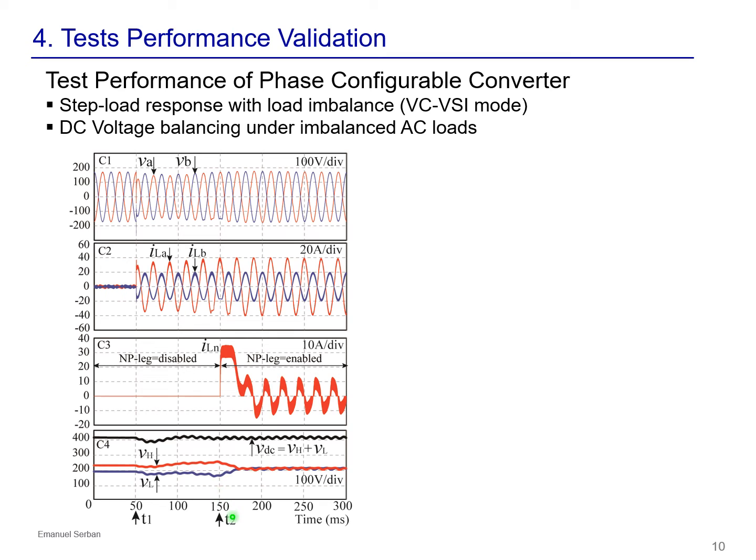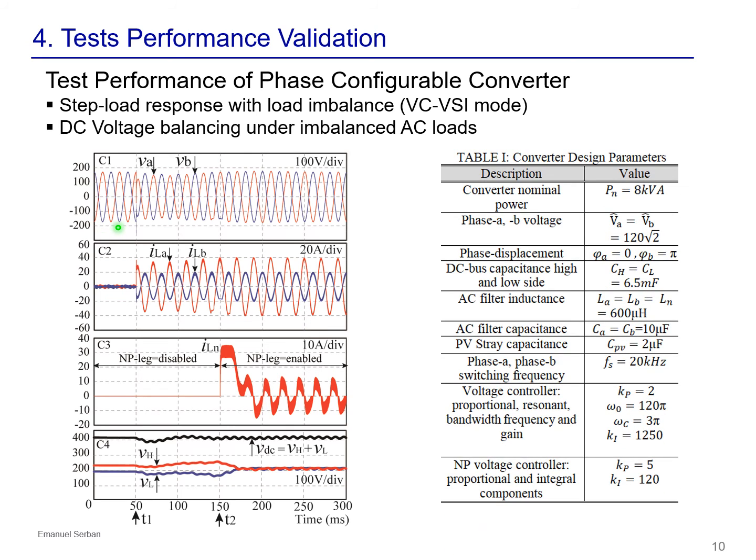At the moment T2, the neutral point controller becomes enabled and immediately balances the voltage equally on the high side and low side of the inverter, maintaining the converter in safe operation. The 120/240 phase configurable converter performs very well under unbalanced loads.